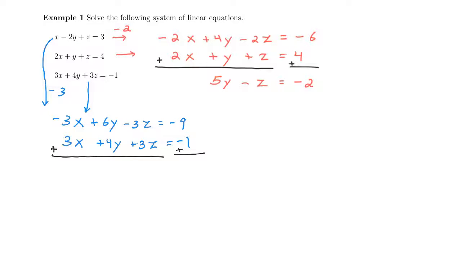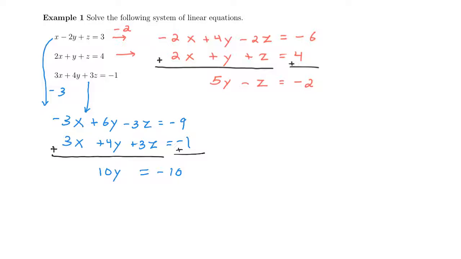Okay. Well, the x's cancel. I have 10y. Oh, the z's cancel as well. That's kind of interesting. And on the right, I get -9 minus 1, that's -10. And here we go. 10y is equal to -10.